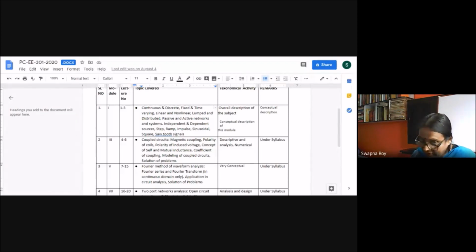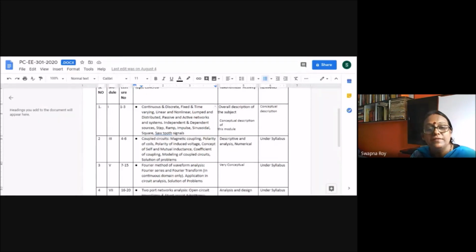Coupled circuit is very, very interesting, and if you really want to crack the GATE exam, all the knowledge of circuit theory is very, very important. As you are going to be an electrical engineer, you should have enough knowledge in circuit theory. Circuit theory is very interesting also. So after completing module 1, we'll start coupled circuit.